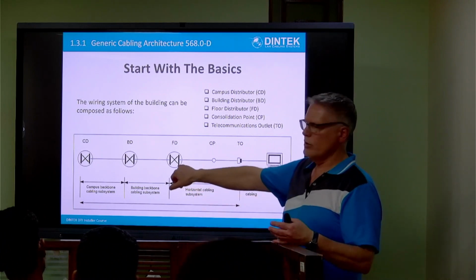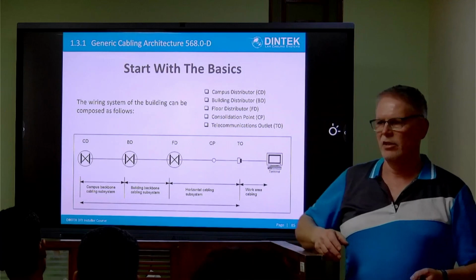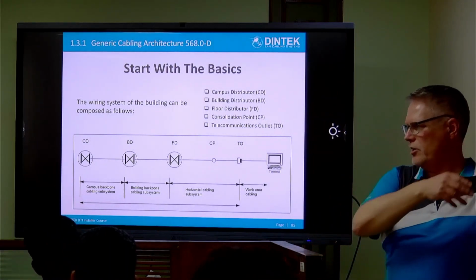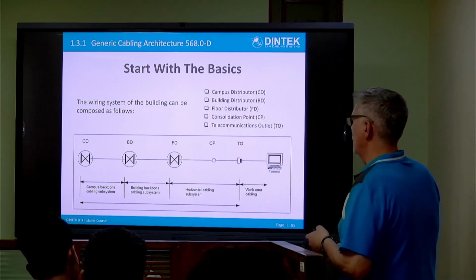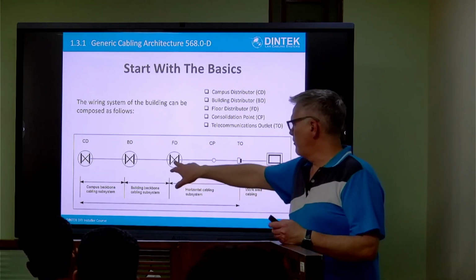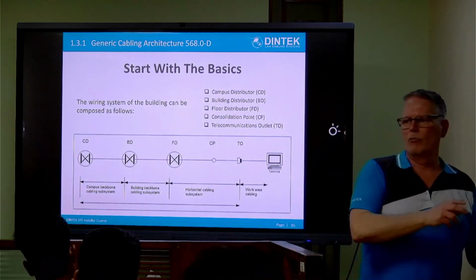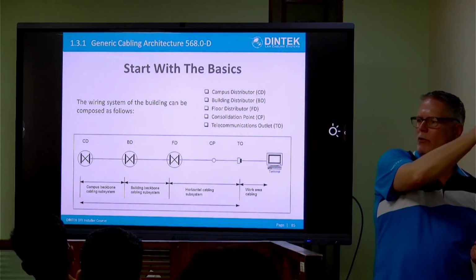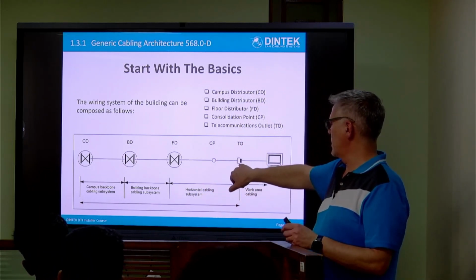On our different floors, we're then going to have floor distributors, which we might call our cabinets, on each floor that we link from the building distributor up to. From the floor distributors, so cabinet on the wall, we've got our patch panels and we run our cabling out to our outlets. That's our telecommunications outlet.